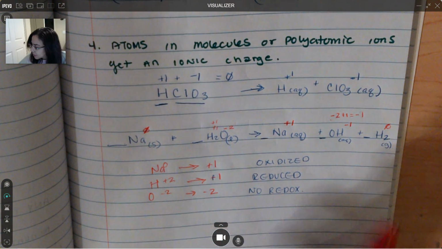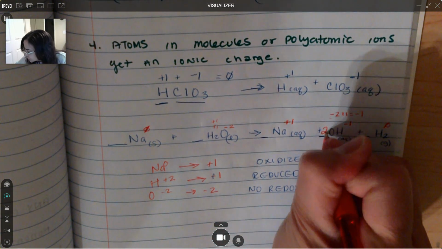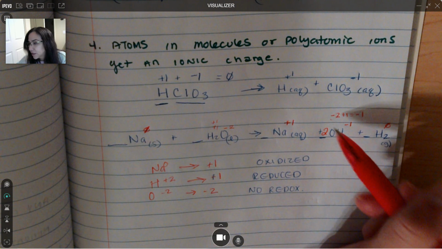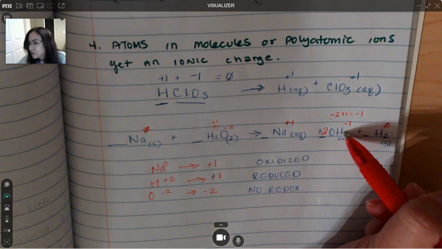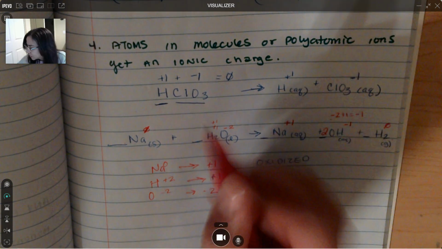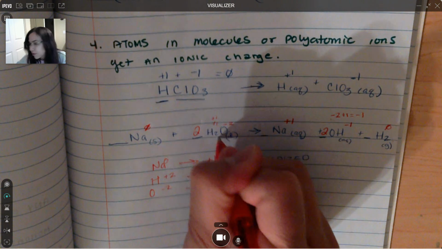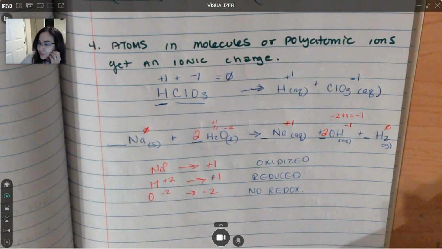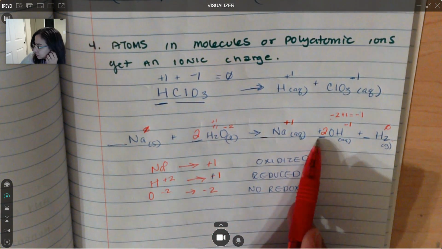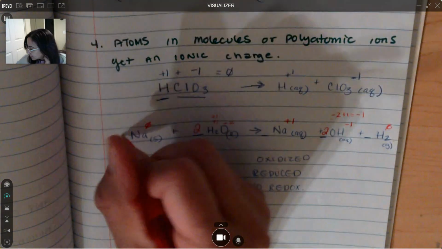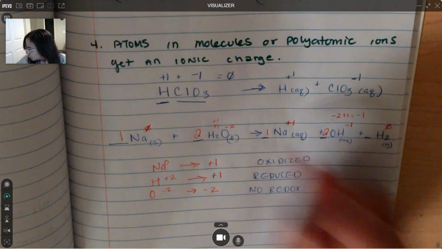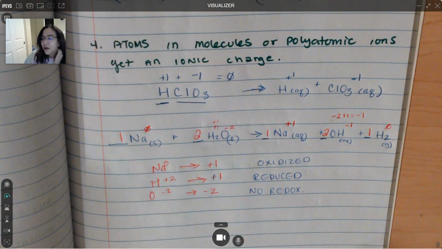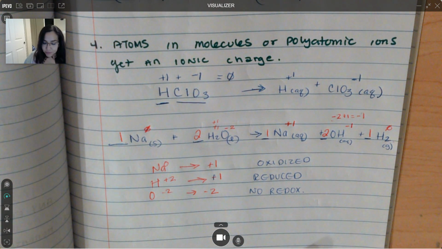I still need to make them match. So the best way to do it, I'm going to put a 2 here because obviously 1 didn't work. That's going to give me 2 plus 2 is 4. I'm going to put a 2 there. Now I have 4 hydrogens on both sides. I have 2 oxygens, 2 oxygens. Everything else is going to be a 1. Now my equation is also balanced.